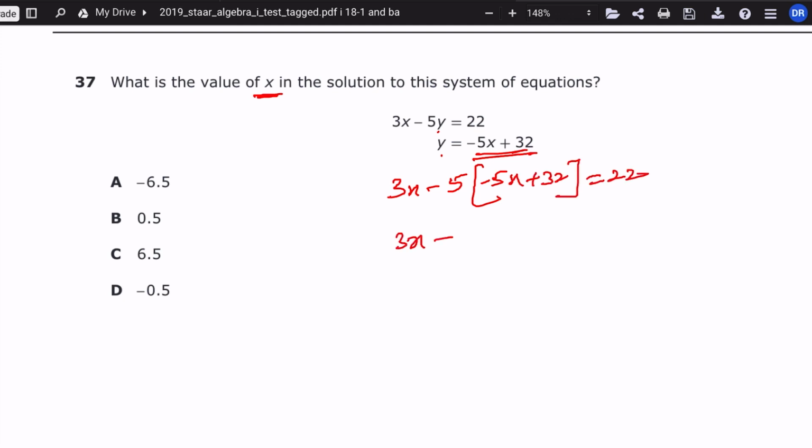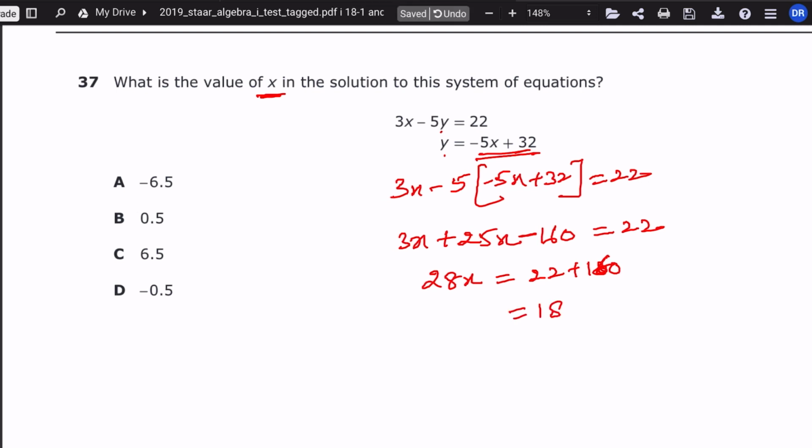So 3x, minus into minus gives you plus 25x, minus 160, which is equal to 22. So here you are getting 28x is equal to 22 plus 160. You are adding 160 on both sides.